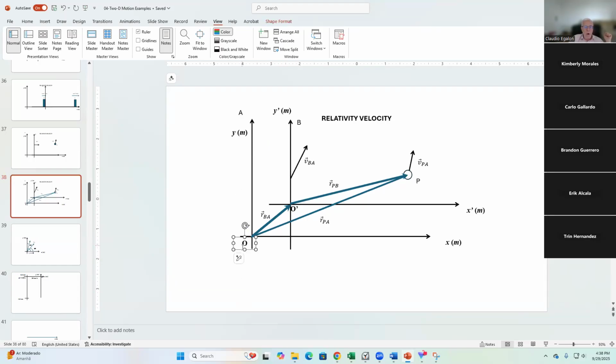Referential A has an origin O, referential B has an origin O prime. Okay? Here is the vector velocity of the referential B with respect to A. Okay? And there is someone here in this referential observing this other point that's moving with respect to referential A.